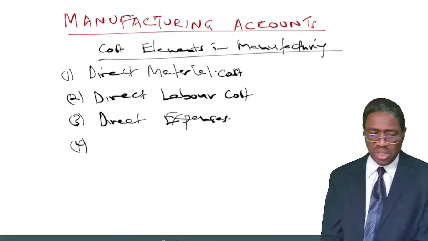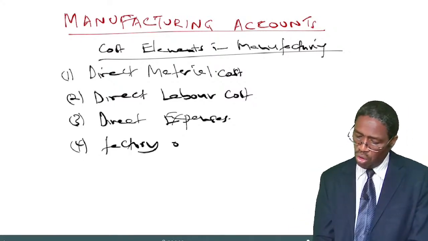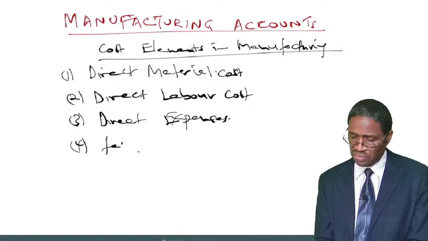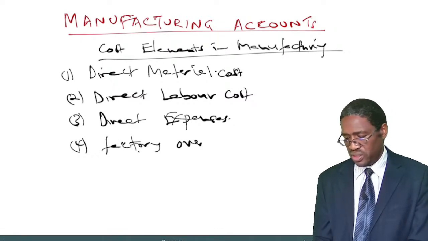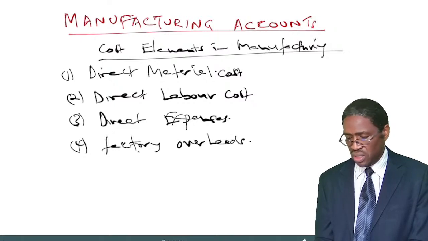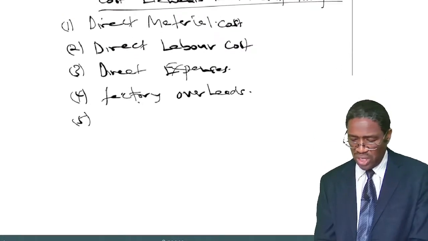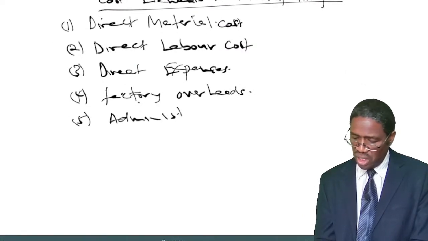Number four, another cost you will incur is what we call factory overheads. Another cost as a manufacturer you will incur is what we call administration expenses.